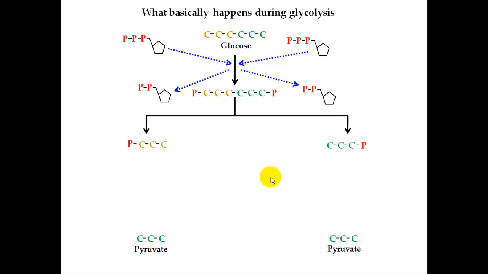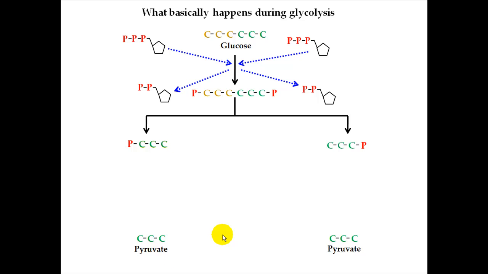But the good news is that this version of the 3-carbon molecule can easily be converted into this version. So because this can be converted to this, essentially what you have after the first stage of glycolysis are 2 molecules that could each then enter the second phase of glycolysis in order to make pyruvates.